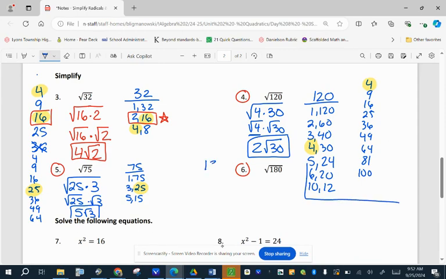All right, for 180, I'm going to list my factors. This is also going to have a lot of factors. So 1 and 180, 2 and 90, 3 and 60, 4. Let's see, does 4 go into 180?